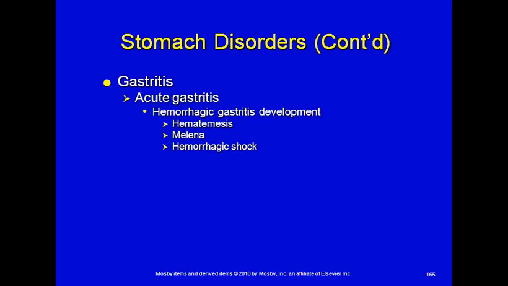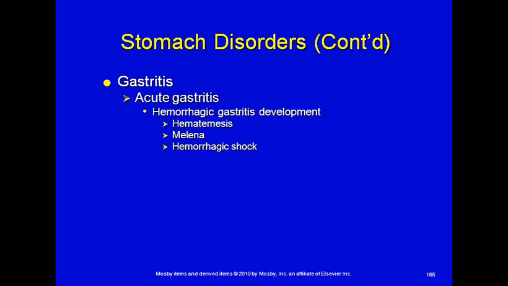If it's significant hemorrhage, it may be coffee ground. If it's a small amount of hemorrhage, they may develop melena, which is the black tarry stool that you see in patients with gastrointestinal bleeds. And the bleeding may be significant enough to cause hemorrhagic shock.